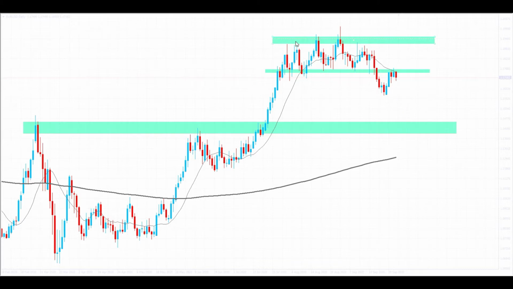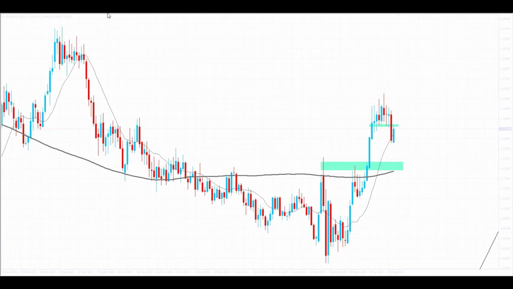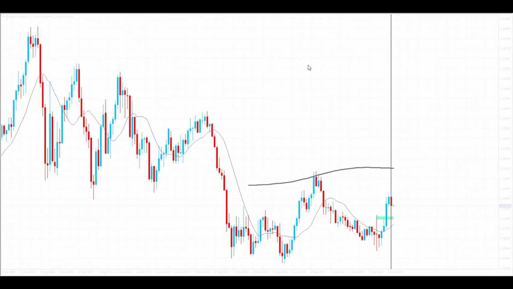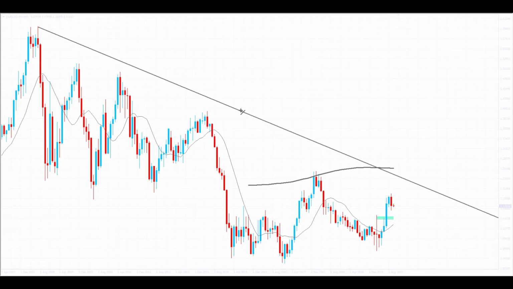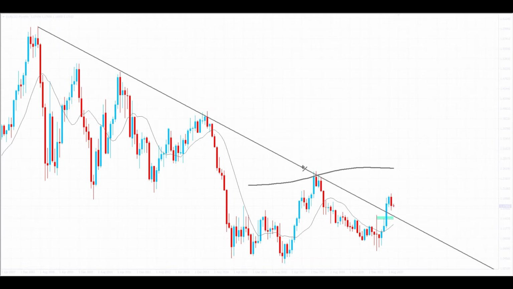But overall, the trend is still to the upside, and you can see with the higher time frames, like the monthly, if I draw my trend line in the market, there's a test there, another test there, and a break out of that trend line. So potentially we could see price continue in a new upward trend on the higher time frame if this is not a false breakout.